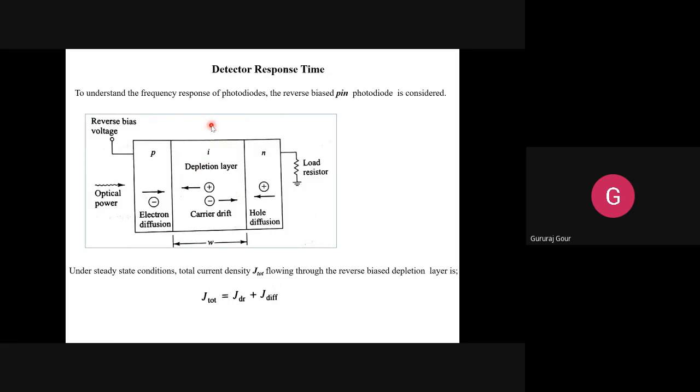Okay, here the photons will be absorbed. Your lens will be kept here. Your photons are coming here. Your photons are falling in this depletion layer.